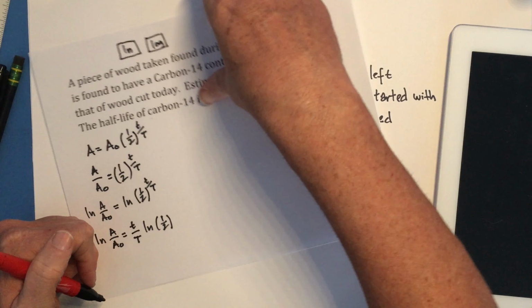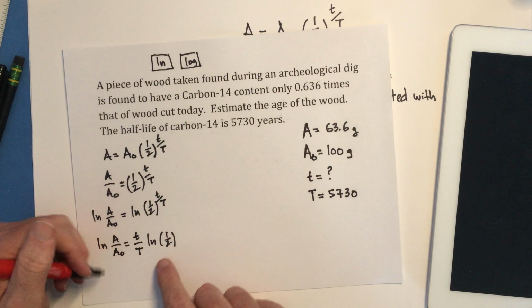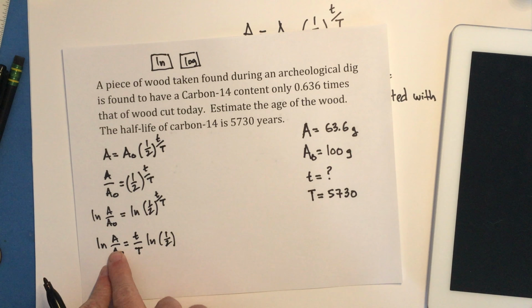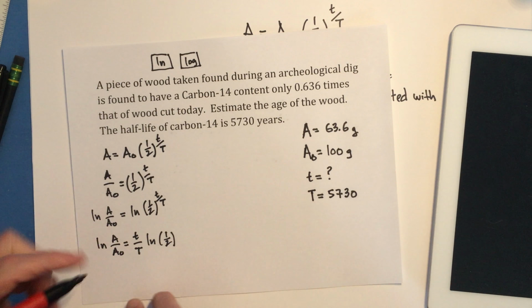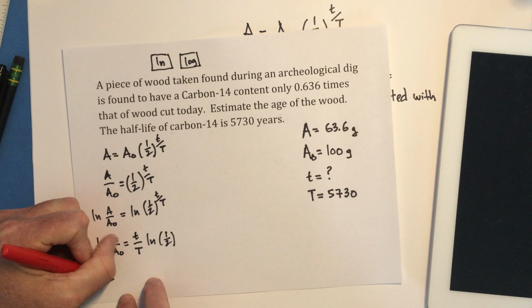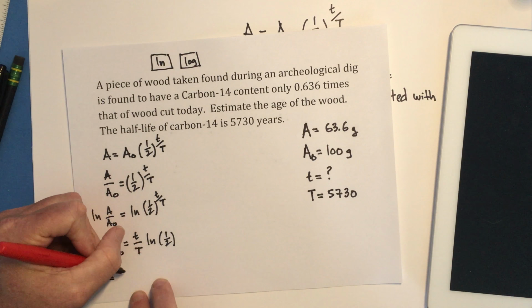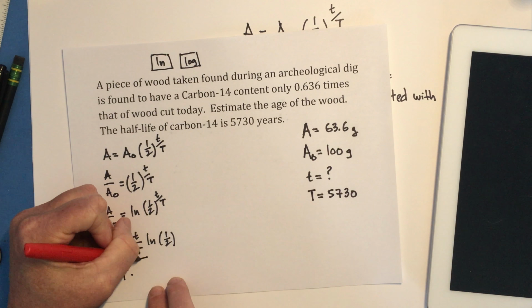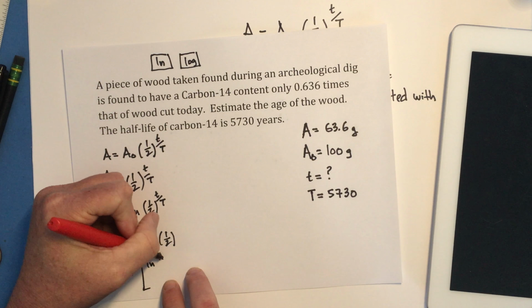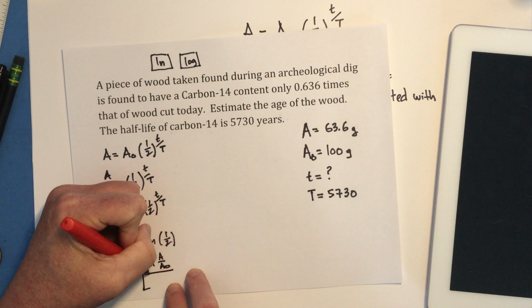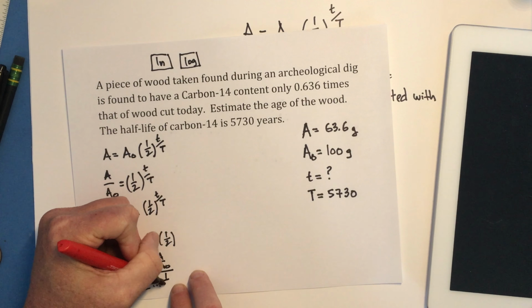Okay, so I just want to solve now for lowercase t. So what I will do is I will divide by the natural log of 1/2, and then I will multiply by capital T. So that means finally lowercase t should equal capital T times the natural log of A over A sub 0 divided by the natural log of 1/2.